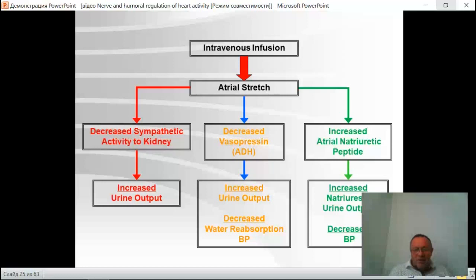And the last effect is increased concentration of atrial natriuretic peptide or factors, with increased effect of natriuretic peptides on urine and decreased blood pressure.